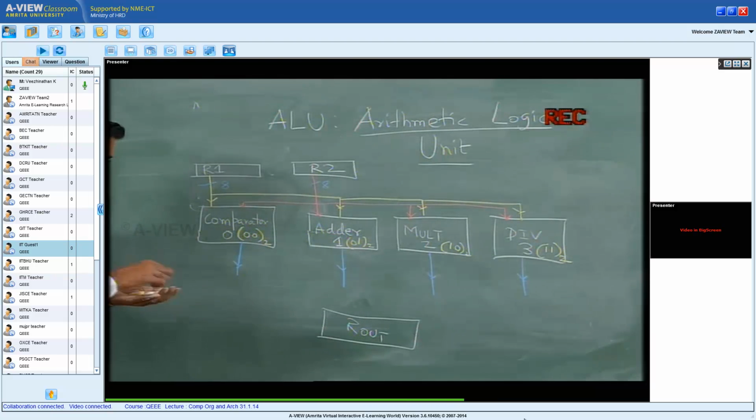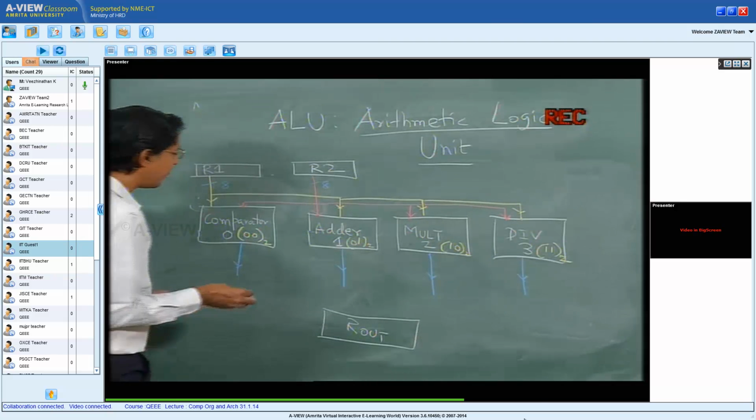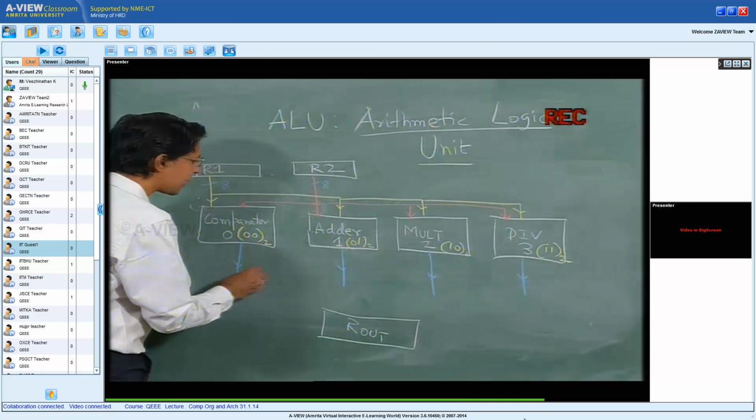So, what we do here is that let me take one bit of the comparator.